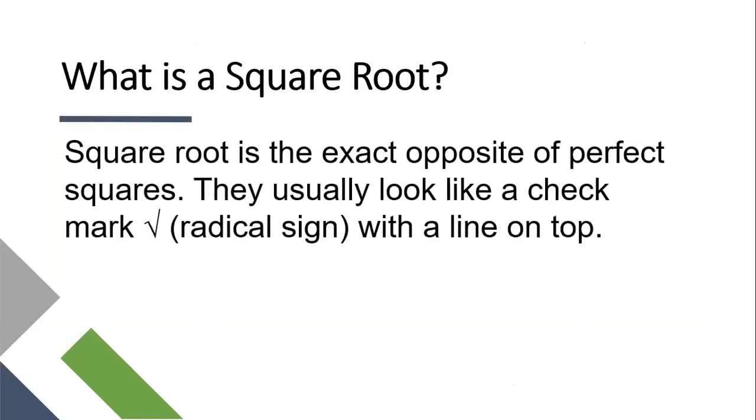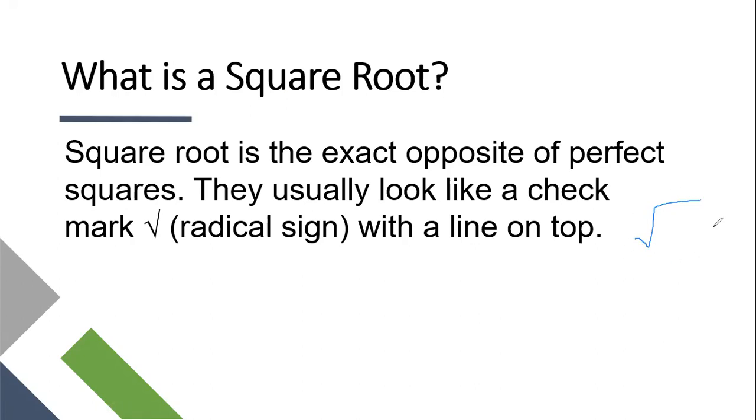So let's move on to square root. Square root is the exact opposite of perfect squares. It usually looks like a check mark, the radical sign with a line on top. Let me draw it here so you will see. Something like this.